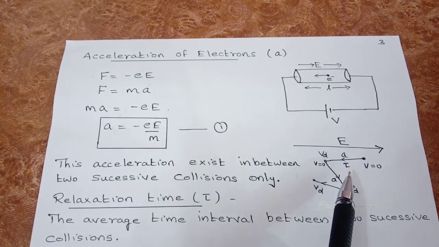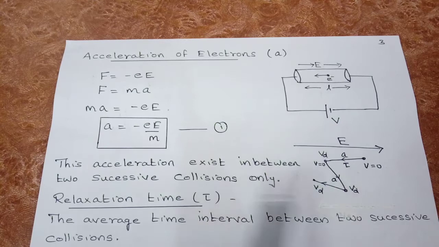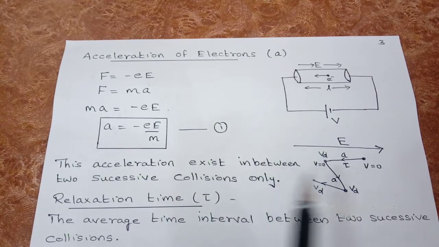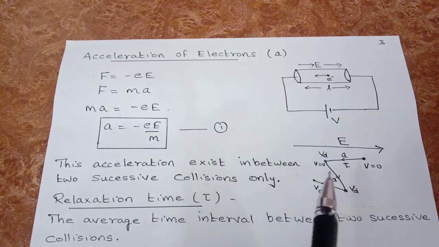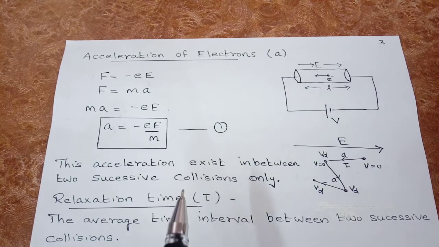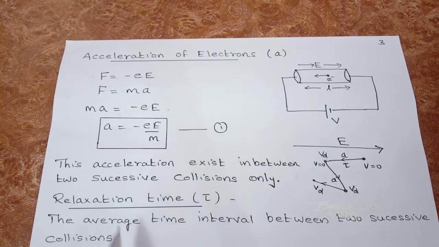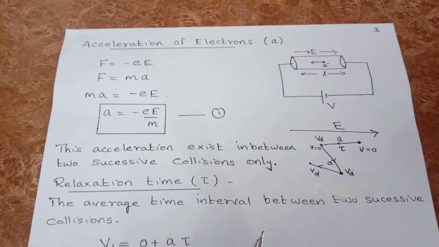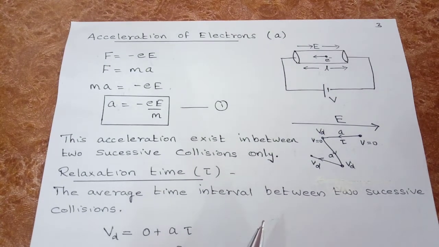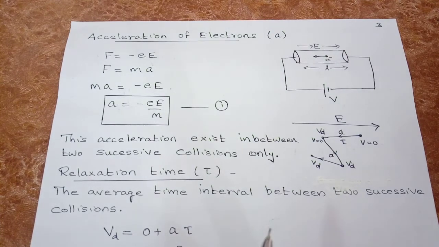It is nothing but the average time interval between two successive collisions. Some collisions may take less time, some collisions may take more time, but an average time is defined, and that is called relaxation time. Relaxation time is the average time interval between two successive collisions, or relaxation time is the time for which electrons are accelerated.